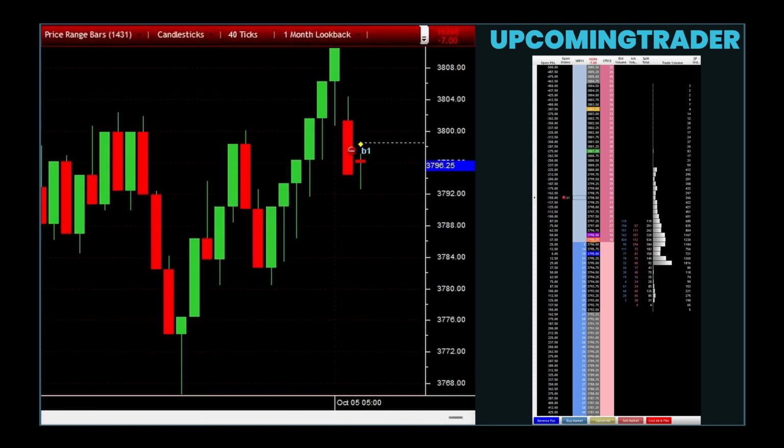This convergence of signals from the hanging man, RSI, MACD, and Fibonacci levels provides a strong indication that the uptrend may be reversing. Consequently, traders might consider this as a cue to exit long positions or even to initiate short positions, aiming to capitalize on the predicted downturn.